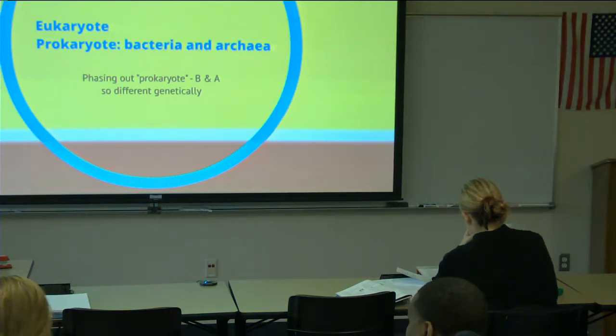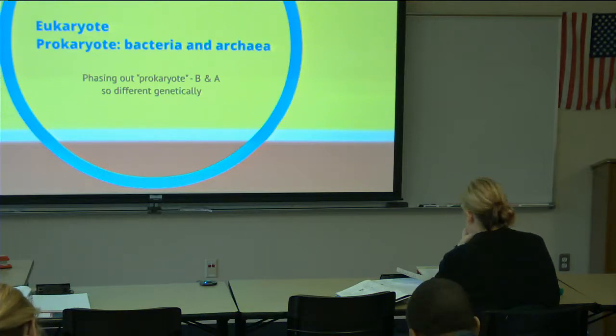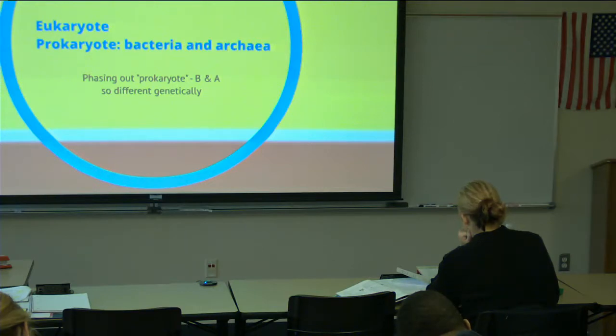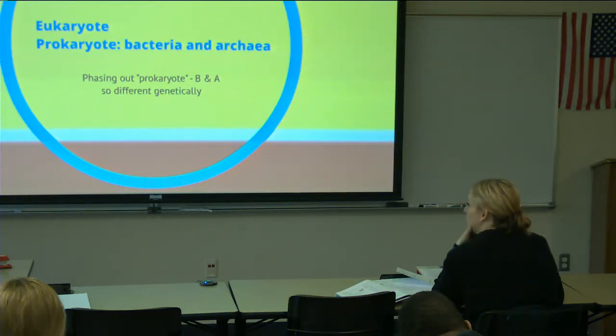So no distinct nucleus. Also no, I'll just say MB organelles. No membrane-bound organelles. So that energy powerhouse, that mitochondria, how in the world do they take different energy sources and convert it into their ATP? How do they do this?